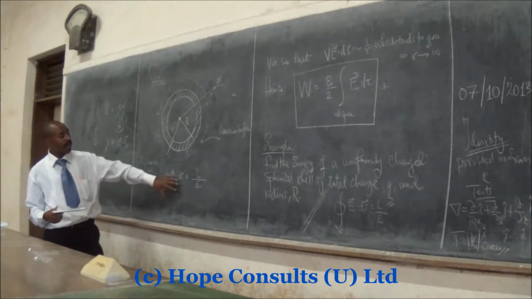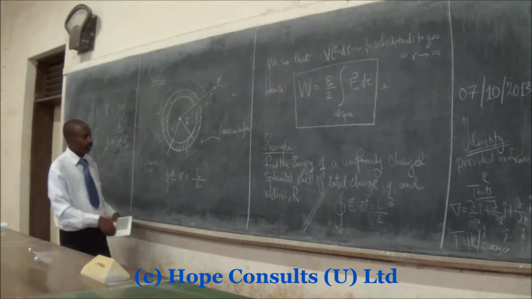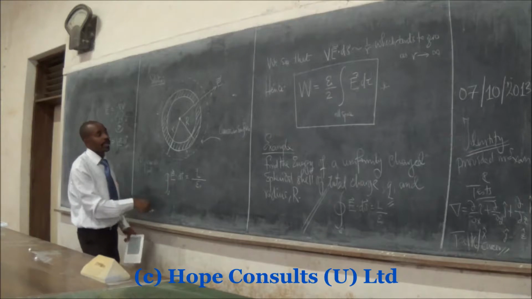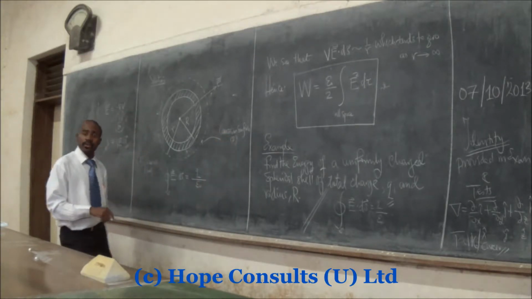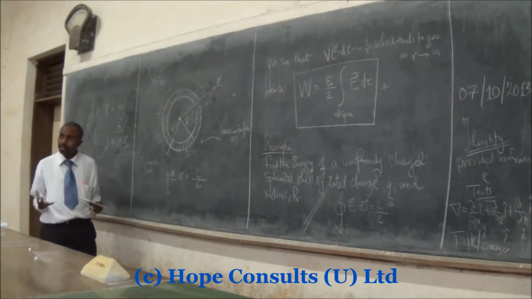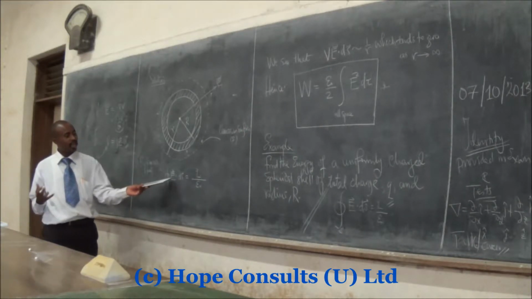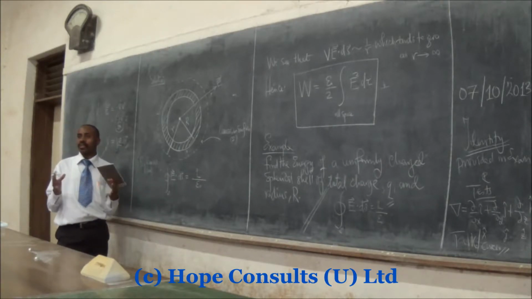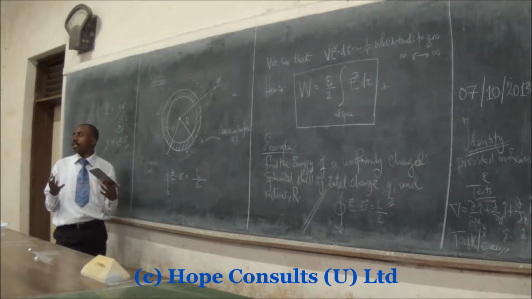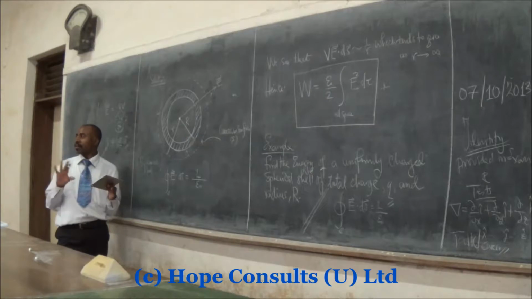What we mean by the surface here is the Gaussian surface. Because the electric field intensity is the same everywhere on this mathematically fictitious surface, our Gaussian surface, we can take it out of the integral.